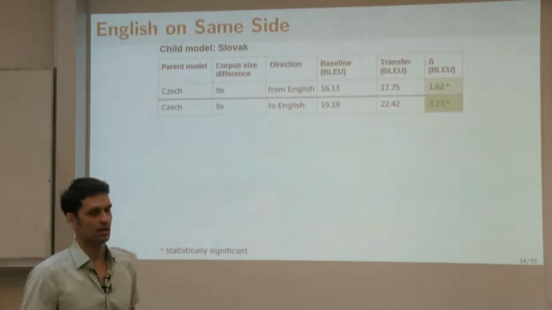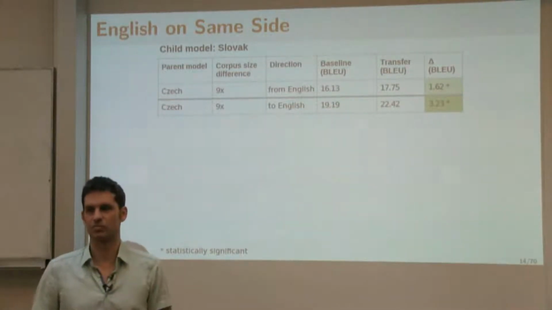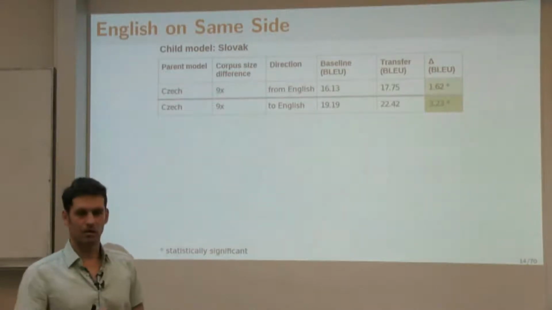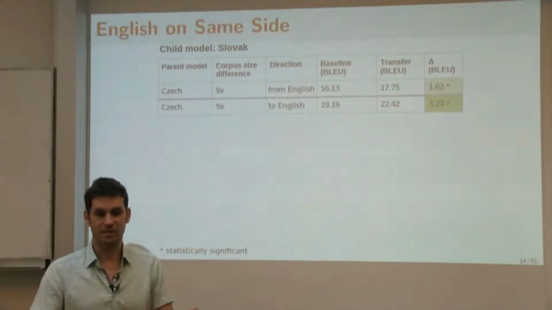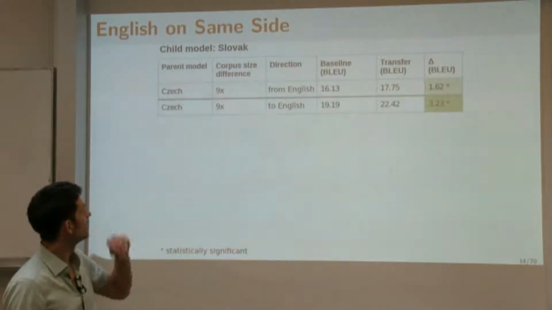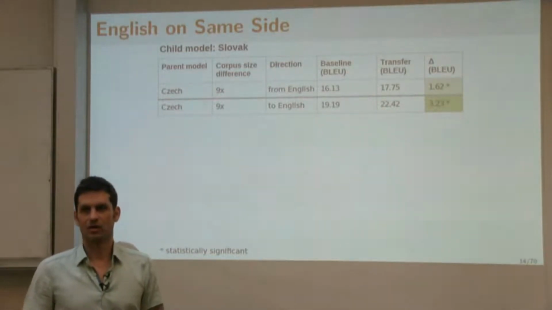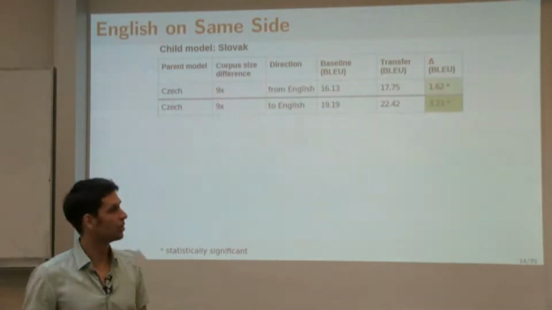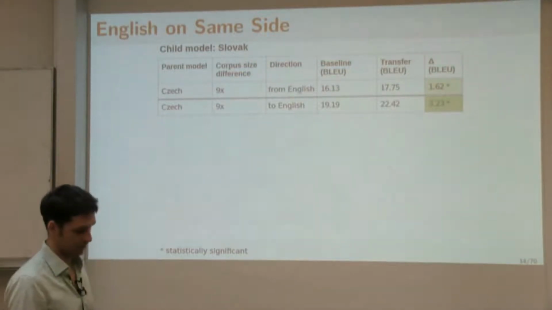The reason is probably that the additional English data directly help the language model in the decoder in the child model. So the decoder really benefits directly from the parent training data. In the setup where you go from English, the encoder knows English better, but it doesn't help too much to improve producing Slovak, because Slovak is obviously different than Czech.